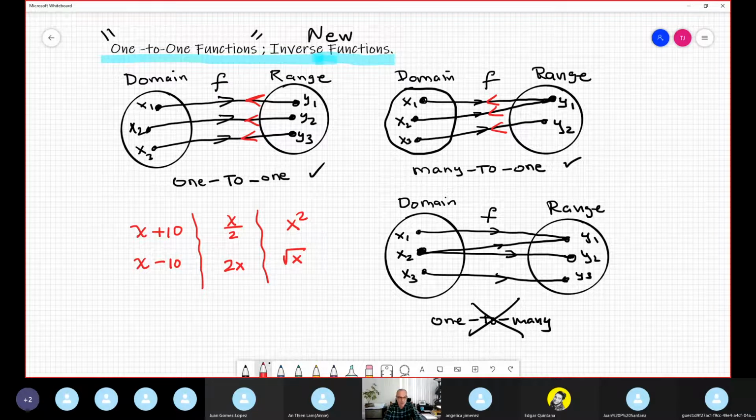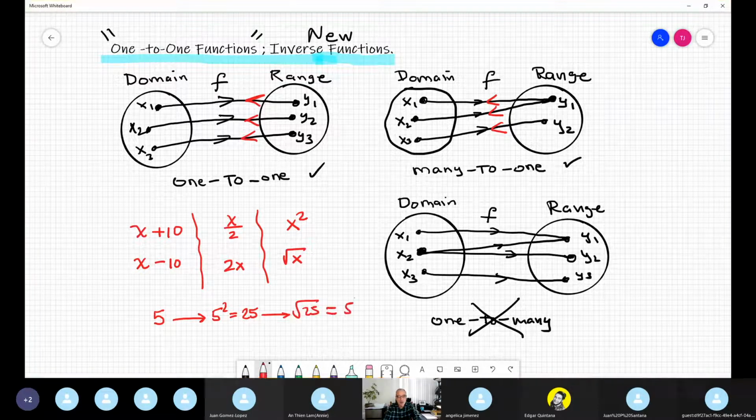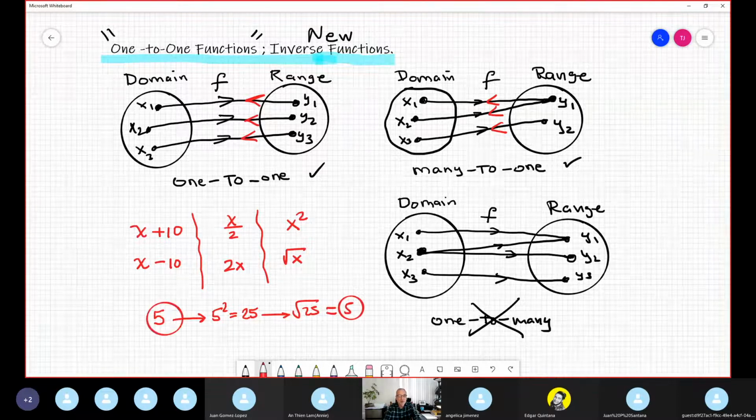Suppose you pick one value, 5, and you square it: 5 squared is 25. And you find the square root of 25, which is 5 again. Wow, we come back to the beginning. The same happens when you add 10 and subtract 10 and put the combination together: you are doing nothing. This is x and this is also x. This is the idea of the inverse function, and this is important.